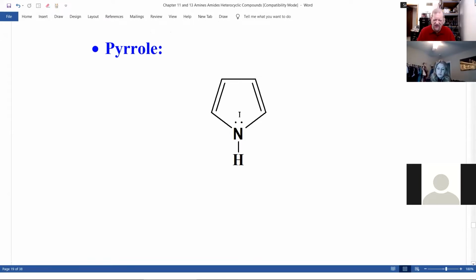Now, another heterocyclic compound is a 5-member ring, 1 nitrogen, 4 carbons, and it's aromatic. So you have the 2 double bonds and the non-bonding electrons that on the top are also in the pi orbital. So this is aromatic. This is called pyrrole. Now, why am I talking about pyrrole?